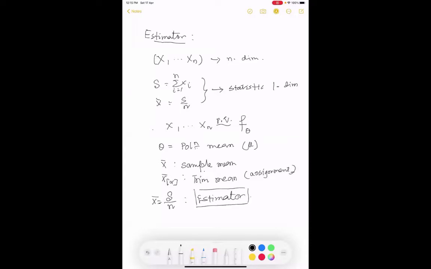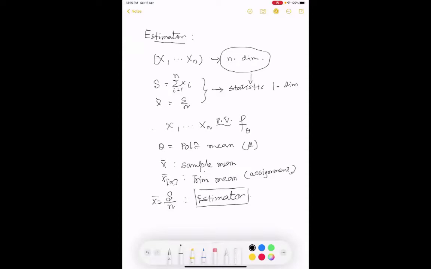But whether it's a statistic or an estimator, no matter what you are using, at the end of the day you are in n dimension, you do a certain operation on these n dimensions and project your number into one dimension, and you try to make some sense out of this.